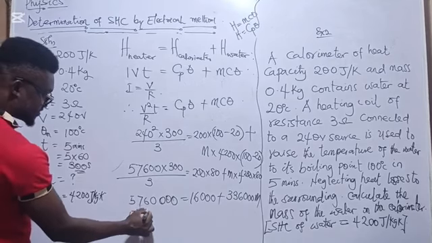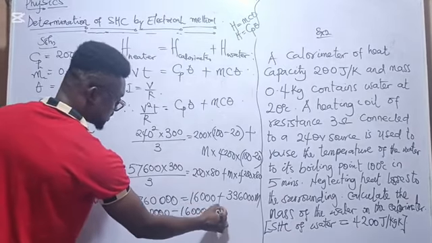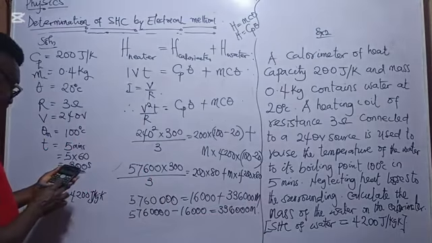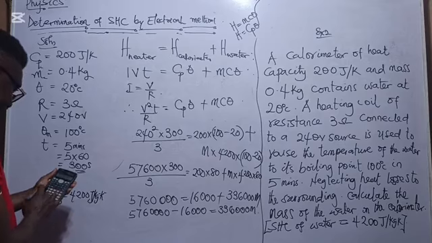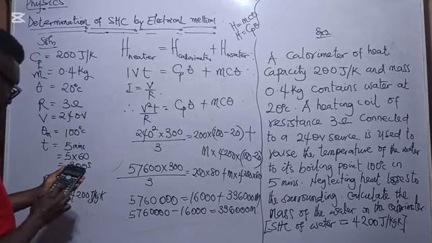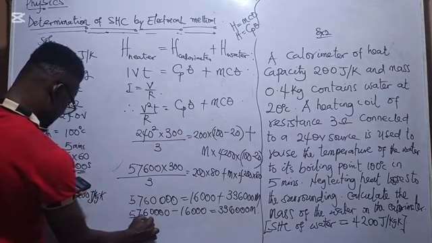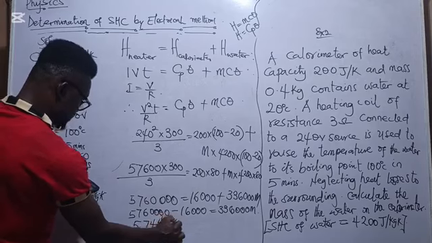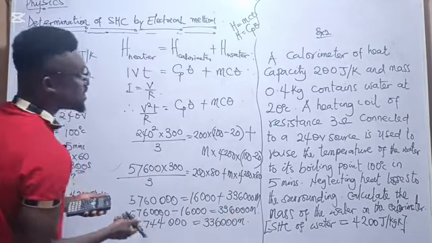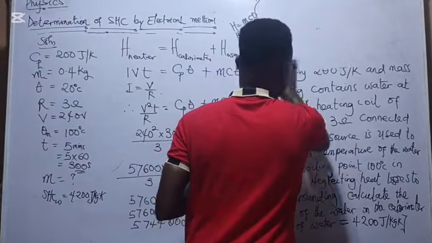We have 5,760,000 minus 16,000, which will be equal to 336,000 M. So when we subtract this, that's 5,760,000 minus 16,000, that will give 5,744,000, which will be equal to 336,000 M.